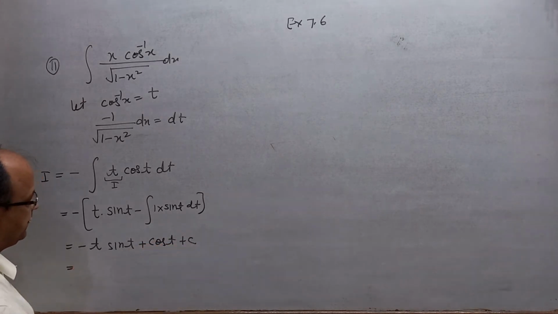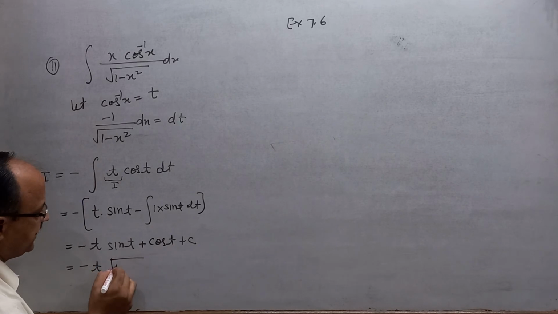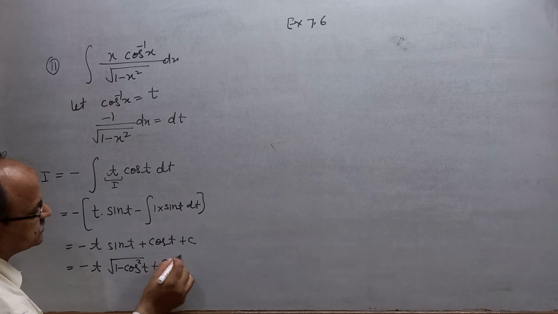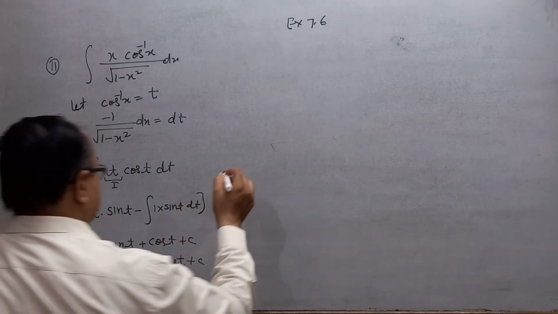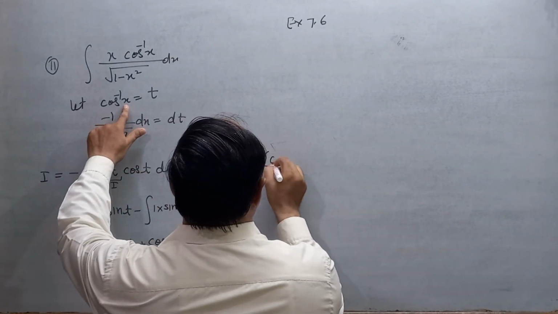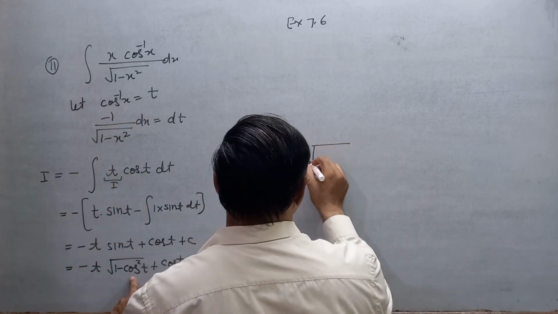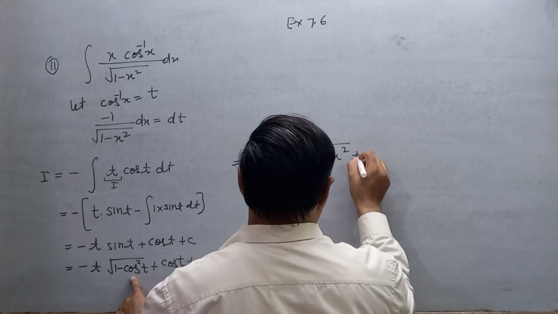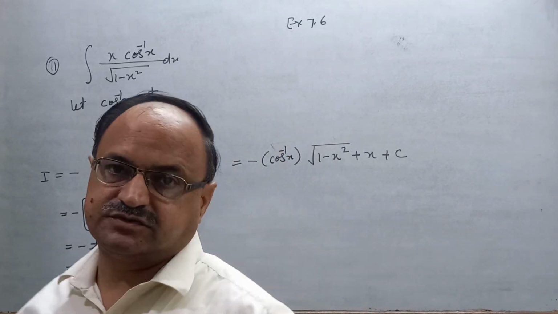Now put the value of t. In place of sin t, you can write root 1 minus x square, plus cos t plus c. In the place of t, you can write cos inverse x, and in the place of cos t you can write x, so the answer is minus cos inverse x root 1 minus x square plus x plus c.